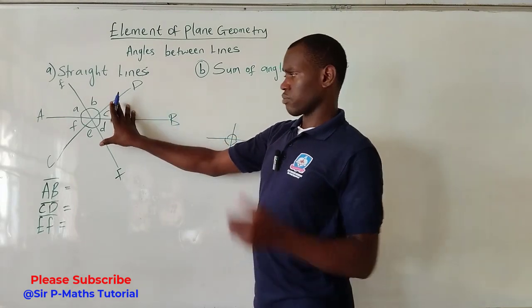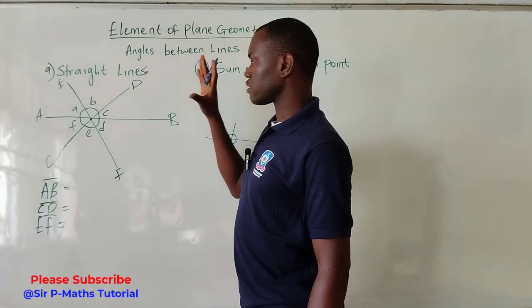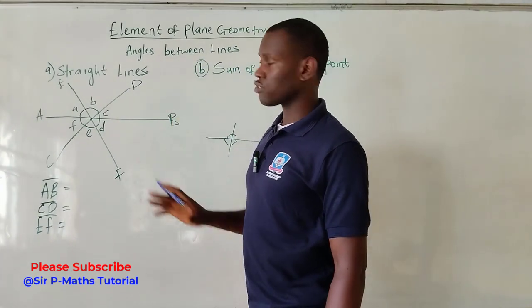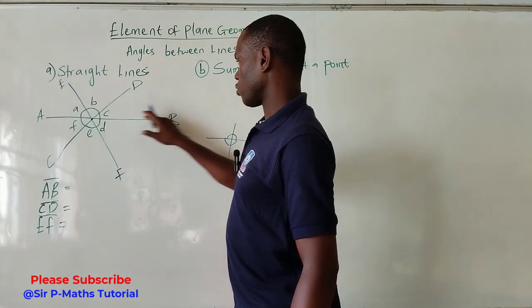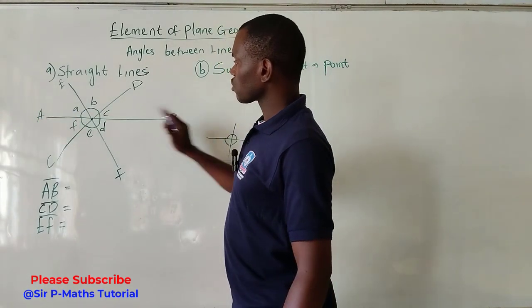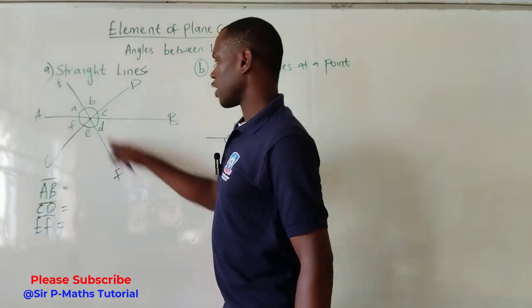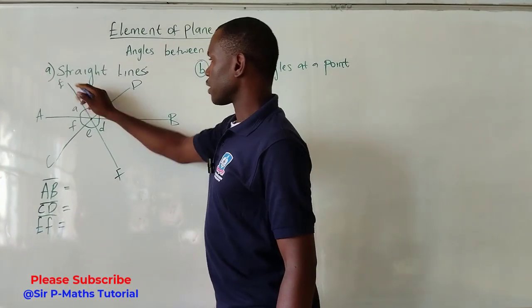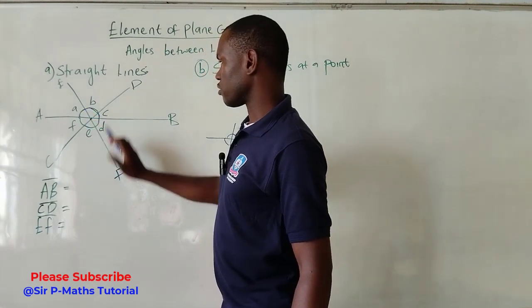So let's consider these straight lines. The angle formed on a straight line is always equal to 180 degrees, all right? Consider the angle formed on this line AB. I have this line AB, which is bisected by CD and EF. By this bisection, an angle was formed here, here, and here, all right?